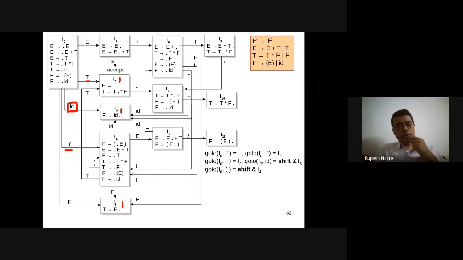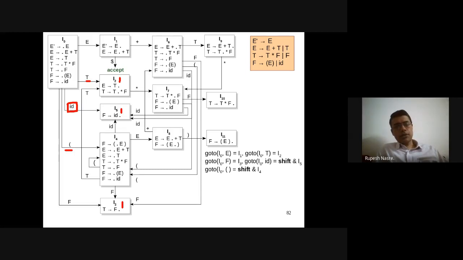Can you write down the go-tos for I1? Okay, so I1 on dollar is accept.